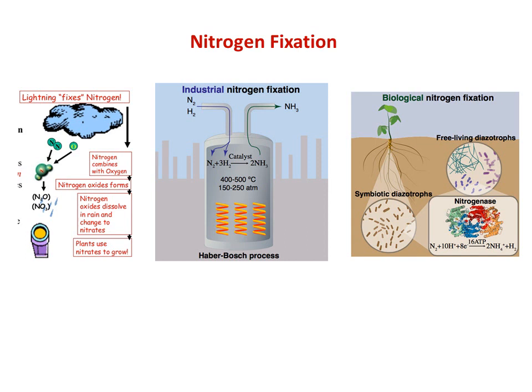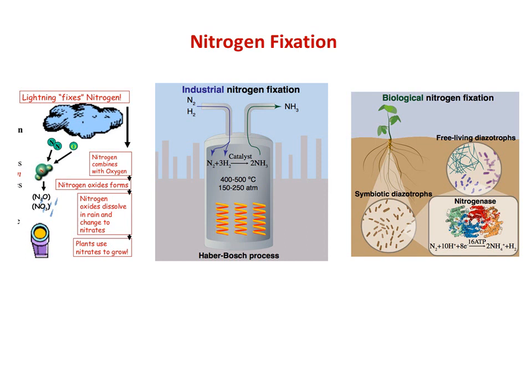And we have biological nitrogen fixation, which happens inside the soil by the involvement of various diazotrophs. Diazotrophs are a group of bacteria, some actinomycetes, or some blue-green algae which can assimilate nitrogen gas as such.